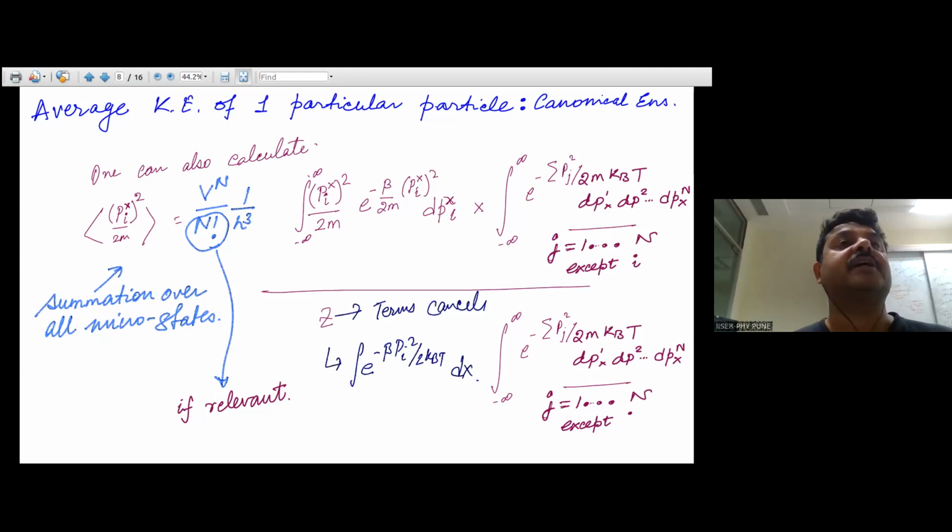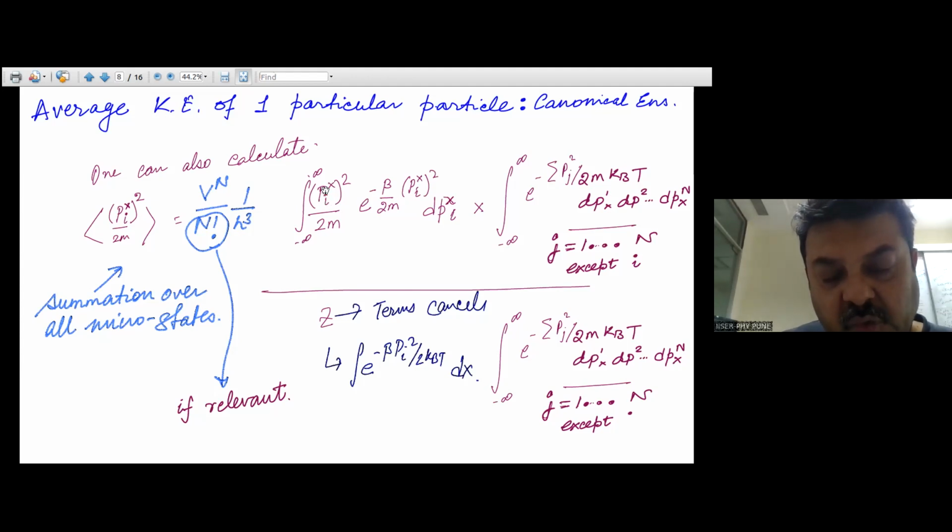So when you integrate the position of each particle over the entire volume accessible, you get v to the power n, right? So the terms in the numerator and terms in the partition function are nearly identical, except for the ith variable, right?